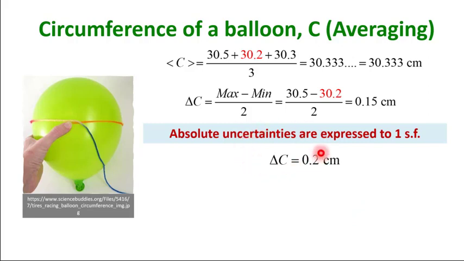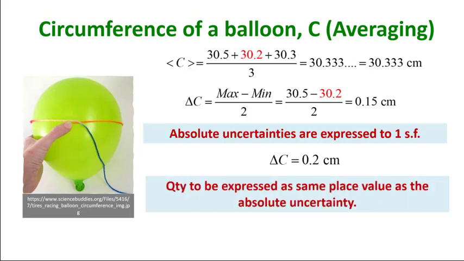The uncertainty of C also tells us that the value of C will start varying in the first decimal place. Hence, C should be rounded off to 1 decimal place. In fact, the value to be reported is to be expressed as the same place value as the absolute uncertainty.